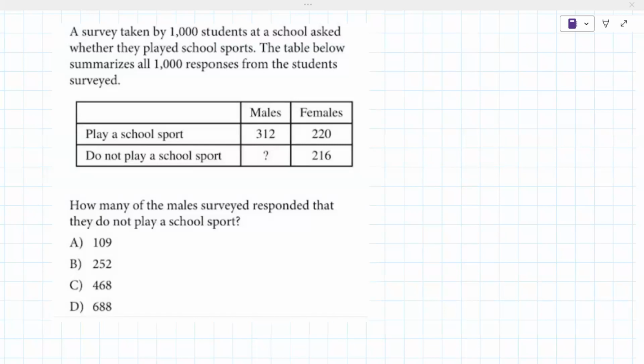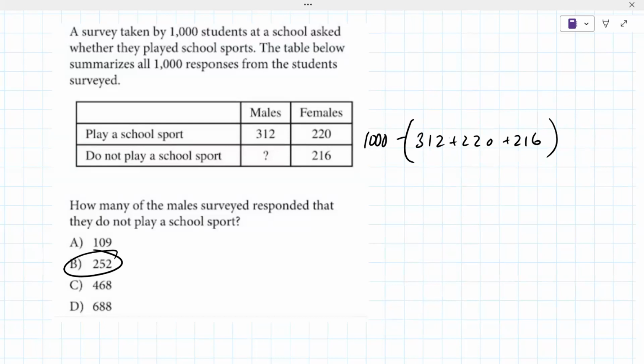It's 252. How did you come up with that? I added all the numbers up, then subtracted that from 1,000. Very good. Excellent. Okay, good job on that.